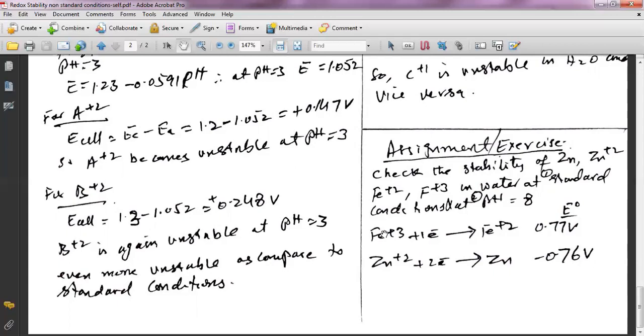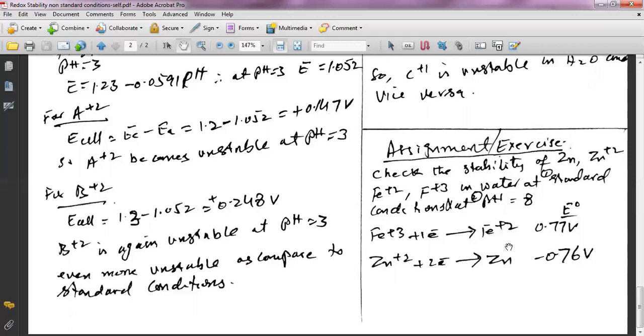That means you have to check the stability of the iron plus 3 and zinc plus 2 in a similar way which I have explained over here for A plus 2 or B plus 2, by comparing with the half cell of water, which is 1.23. And then you have to explain the stability of the iron or the zinc.